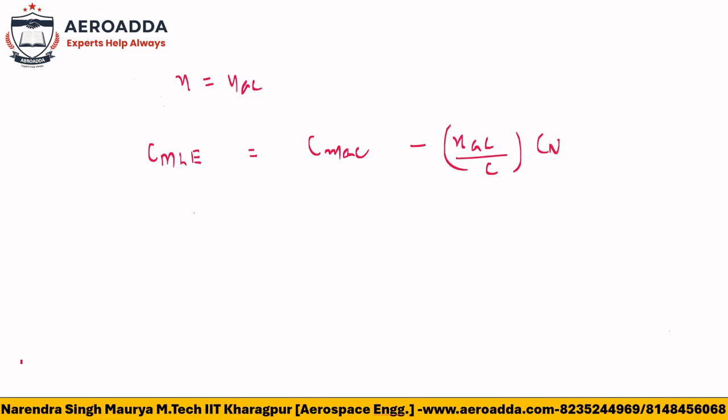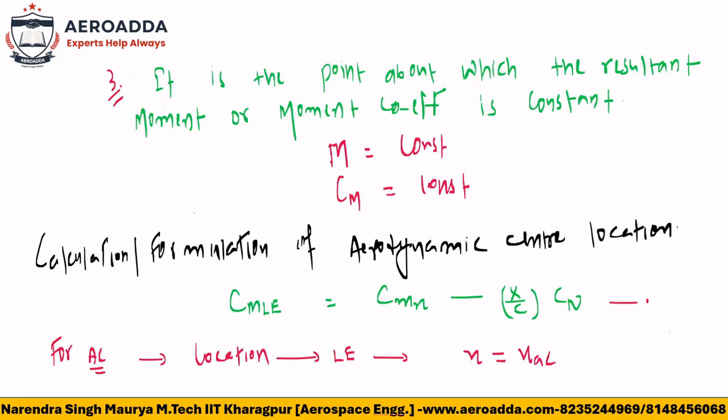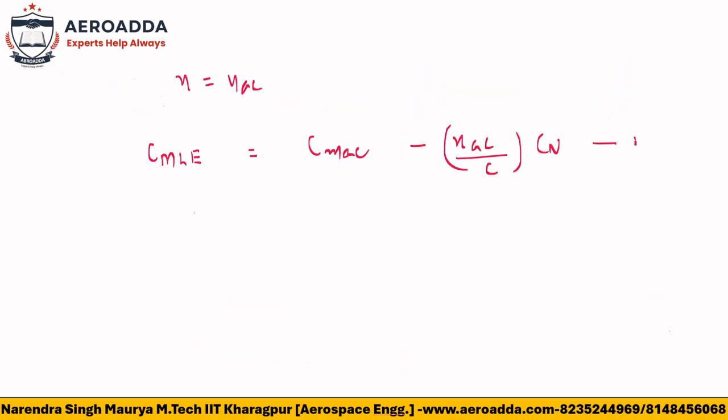All right. So the point is, if you check this one, here I will write this equation. See, this is equation number 1, and this equation is equation number 2.